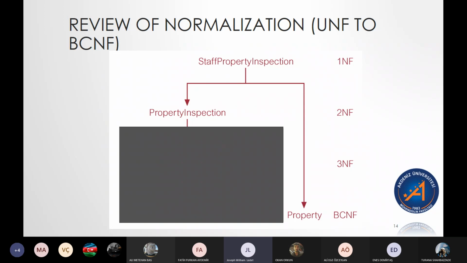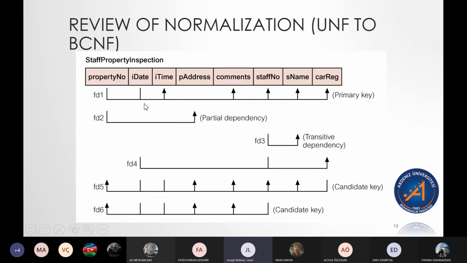Okay, property table. Right, and what this represents, so we'll have a property table and a property inspection table, right? And what that means is, these two columns here will be our property table. This column, along with everything else besides the address column, will be our property inspection table.